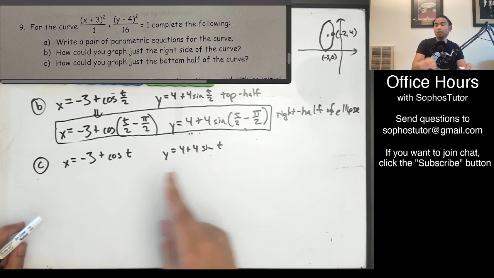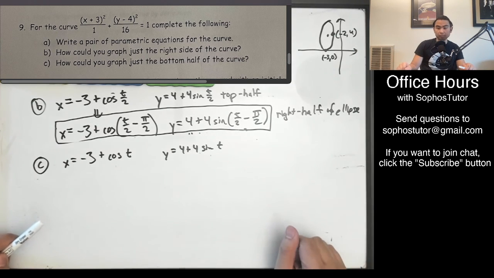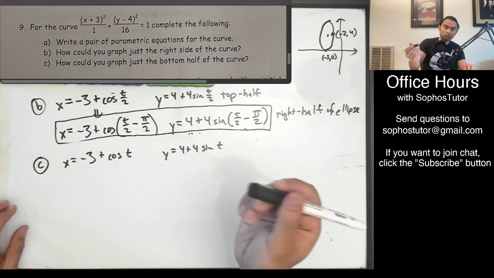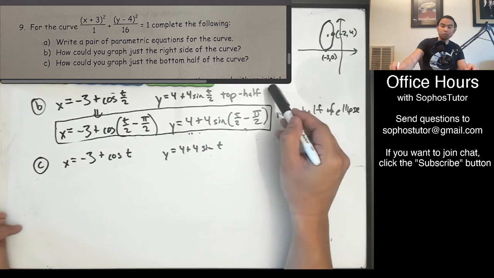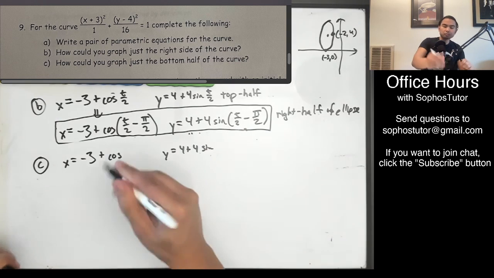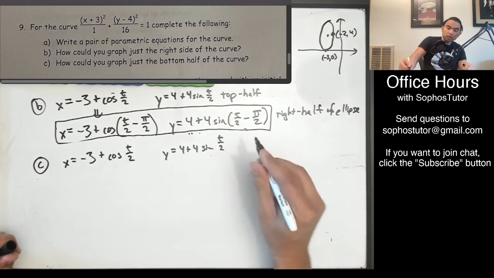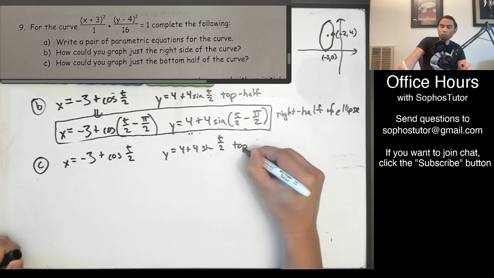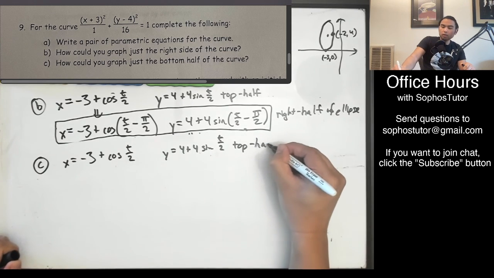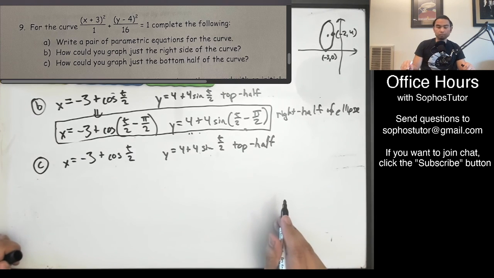First thing is, let's make sure that only half of this ellipse is graphed. Well, we're going to follow the same technique that we did before. We're going to go ahead and replace t with t over 2. Right? Remember, this is what will allow us to only graph the top half of our ellipse.